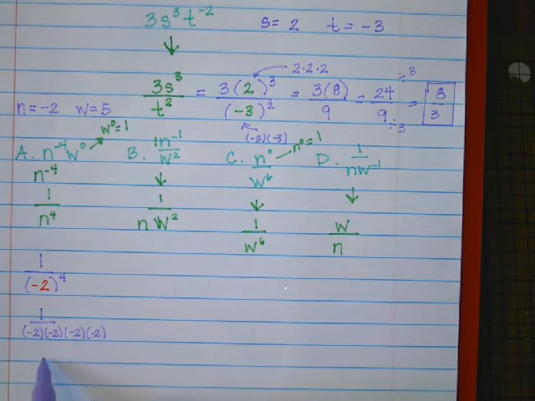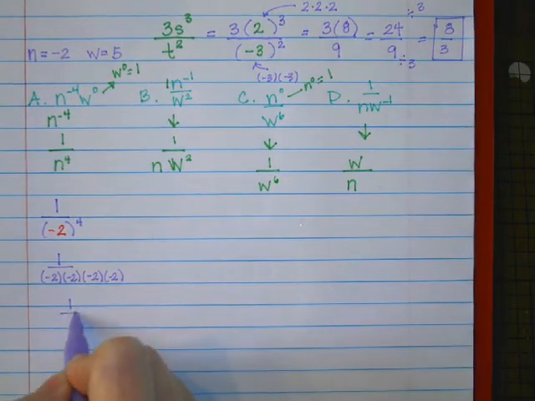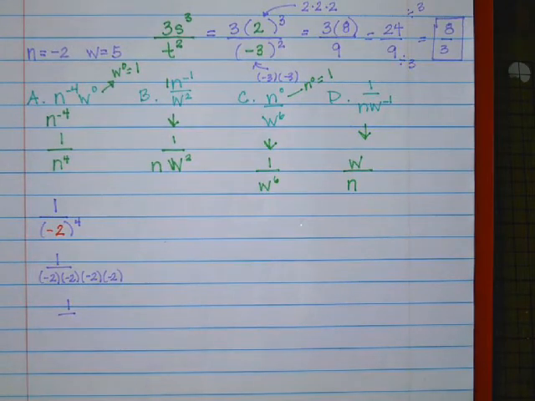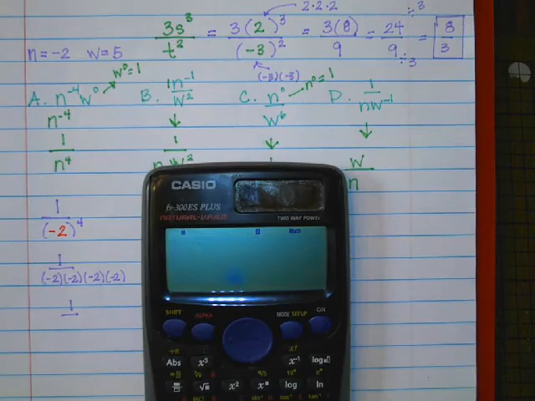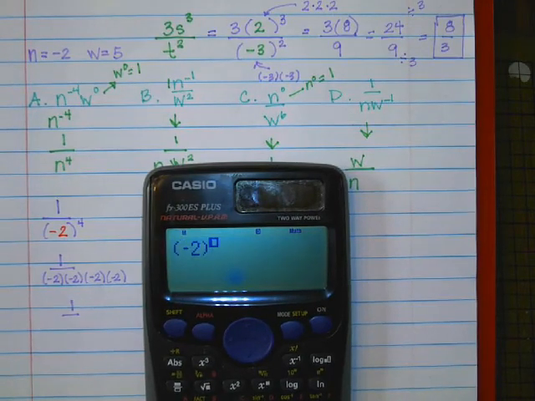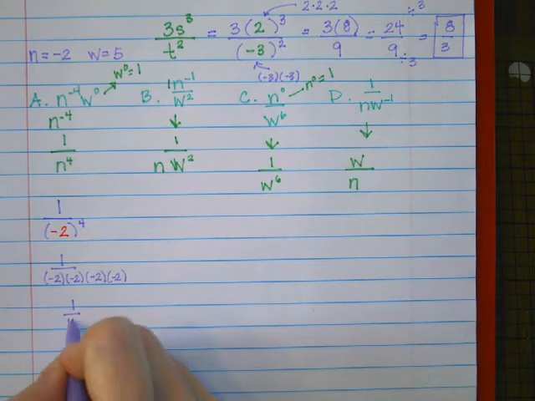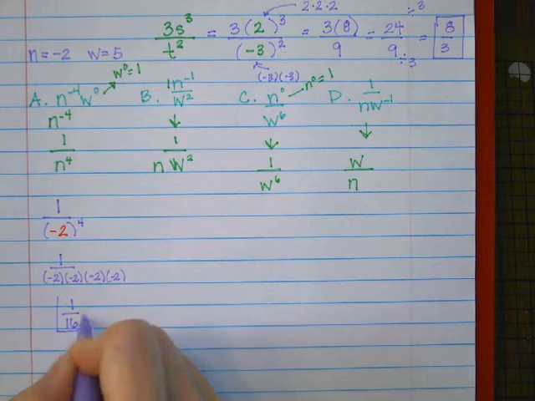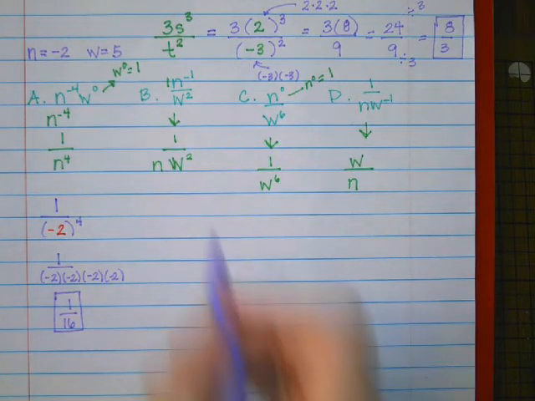So we're going to solve that. Now we've got 1 over, so we can put in our calculators a negative 2 and raise it to the 4th power, and you'll get 16. So we've got 1 over 16. Final answer.